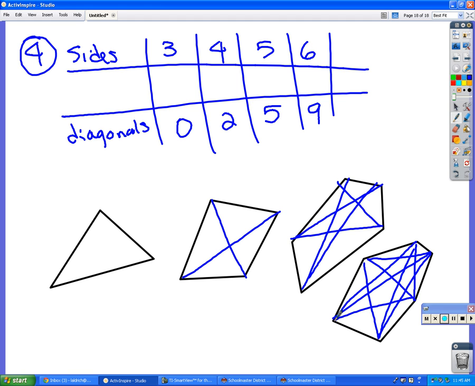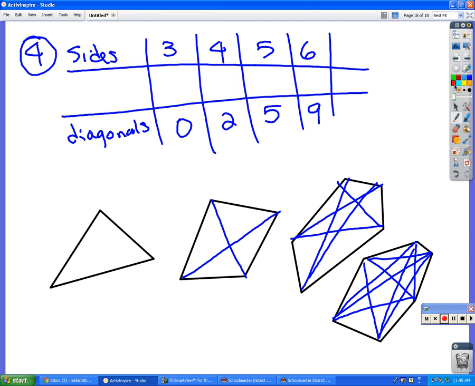So this is one of those ones that we were working on yesterday a little bit where there is a pattern because it's going up by 2 and then up by 3 and then up by 4. But since it's not going up by the same amount each time, we have to do a little bit of extra work to figure out what the formula is. And so that's why I put in this other column and or row, and I tried to get you to start thinking in this way yesterday when we were doing the handshake problem.